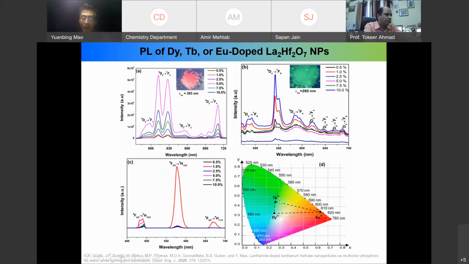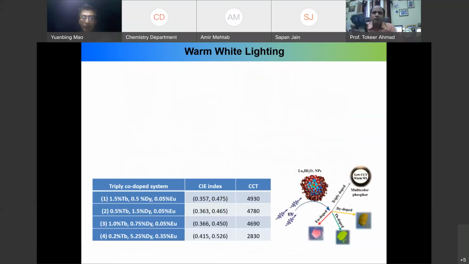So we've been thinking that if we put these 3 together, it's close to giving us white light, especially if we can tune the doping levels of these three dopants. They could give white light and warm white light. That's our goal, and we did that.